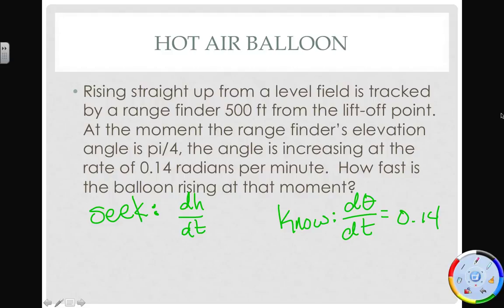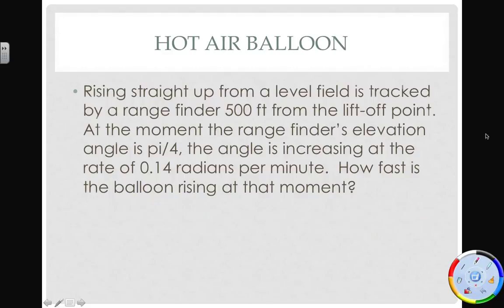All right, so let's go to the blank page and set this up. You're on level ground and the balloon is at some level up here. We have our balloon. It's kind of an ugly balloon because I'm not a very good drawer.